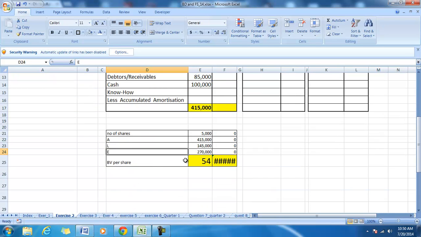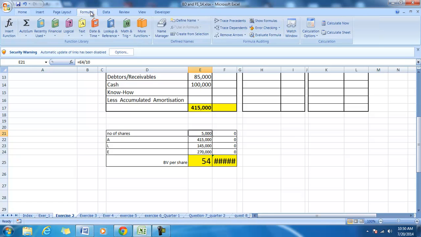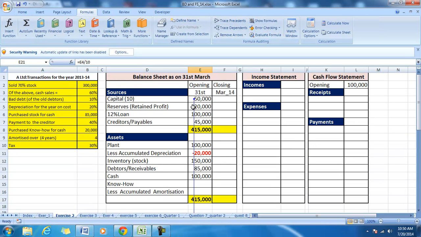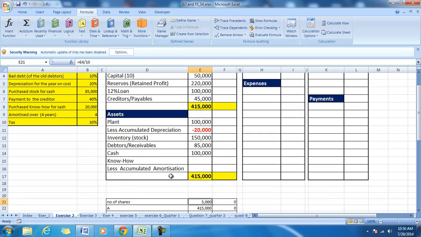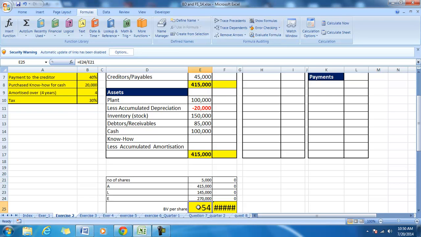At present the book value of the firm is 54. The book value per share is equity divided by the number of shares, and the number of shares is capital divided by the face value. So this entity's book value per share is 54.